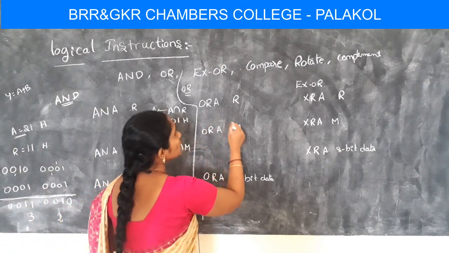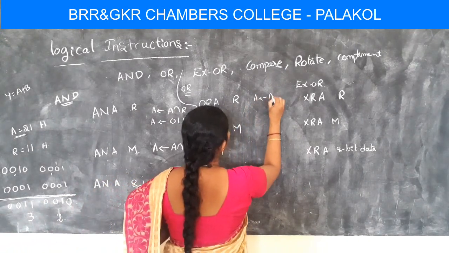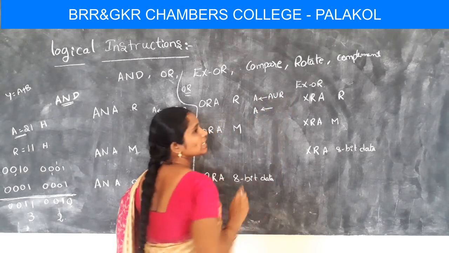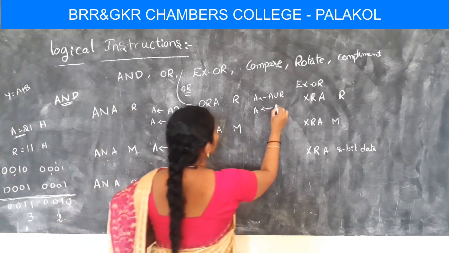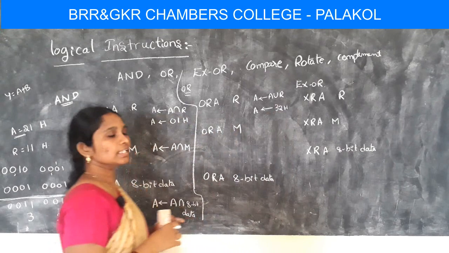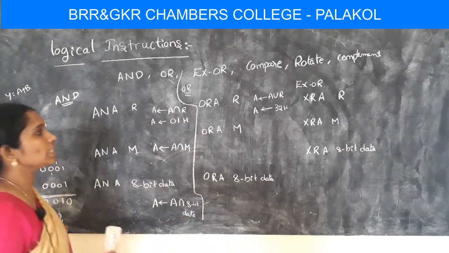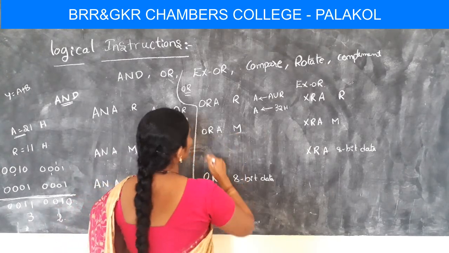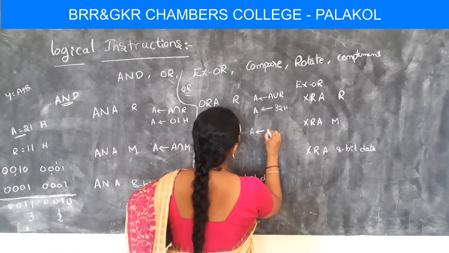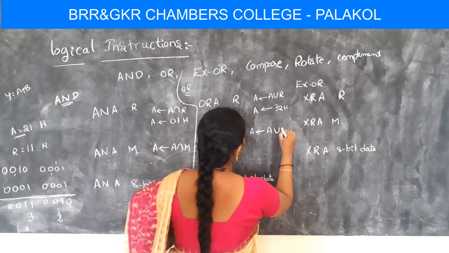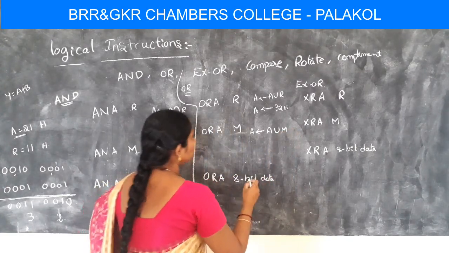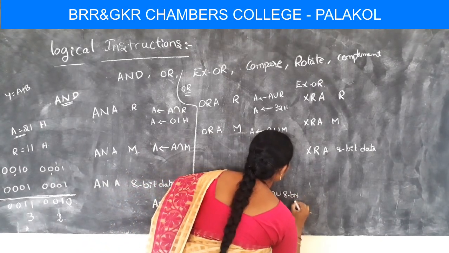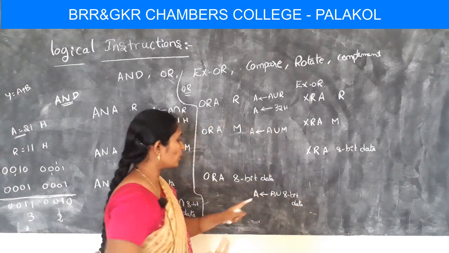Therefore the meaning of this instruction is A gets A union R, and after performing this OR operation, 32H is saved in the accumulator. Next, ORA M means A union M, and also A union an 8-bit data.